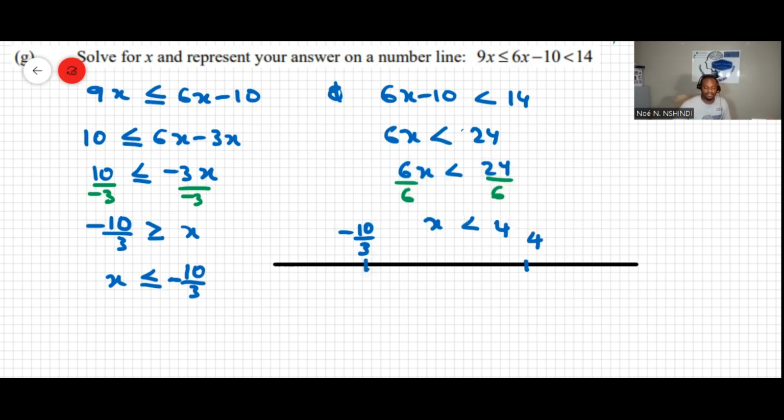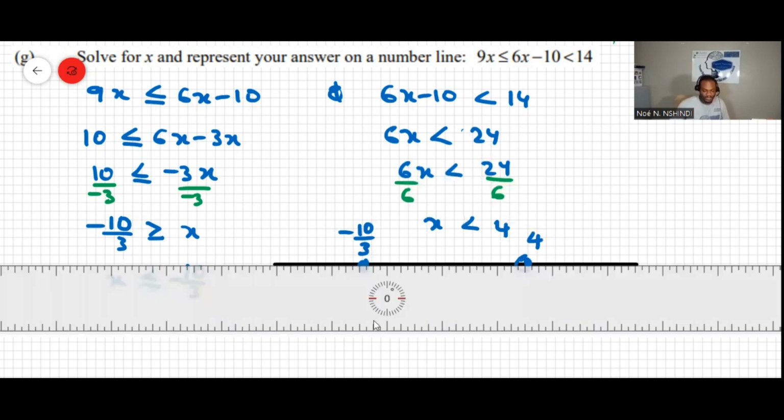Now, this answer says less than or equal to negative 10 over 3, so this part is a filled circle. Then it says less than 4, meaning I place an open circle there. Now let me draw my solutions.